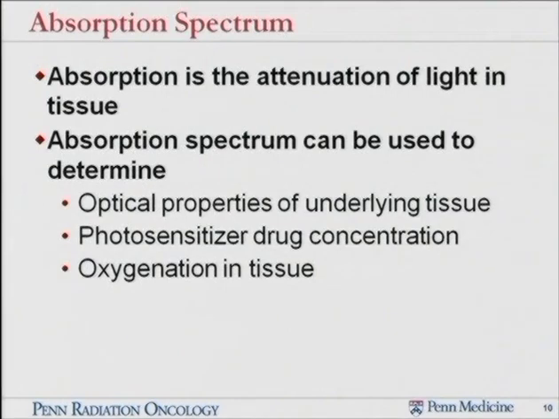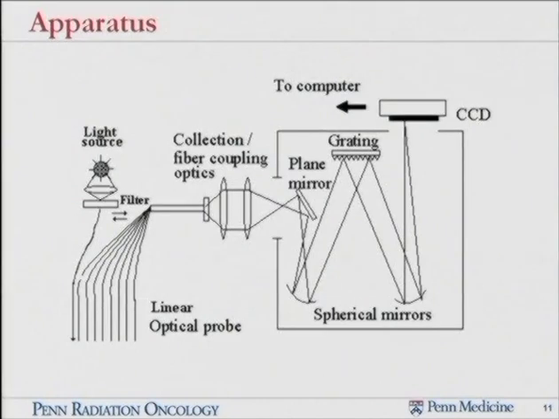Typically, the absorption spectrum is what one can use to determine the sensitizer concentration. The other important thing is that one can use it to determine the optical properties, which is important for the calculation of light propagation. And the third, of course, is the determination of oxygenation by exploiting the difference between oxy and deoxyhemoglobin.